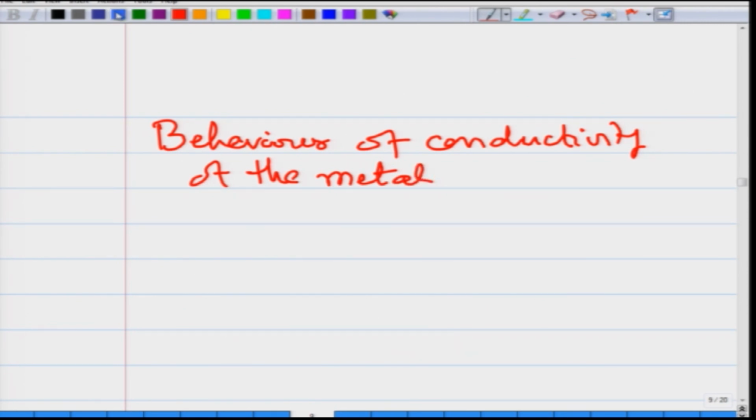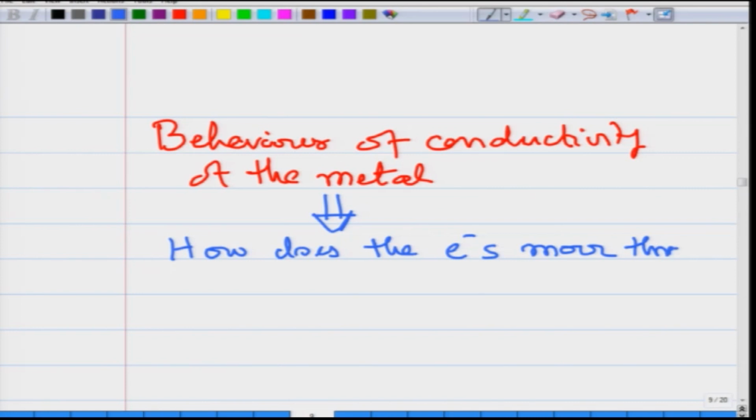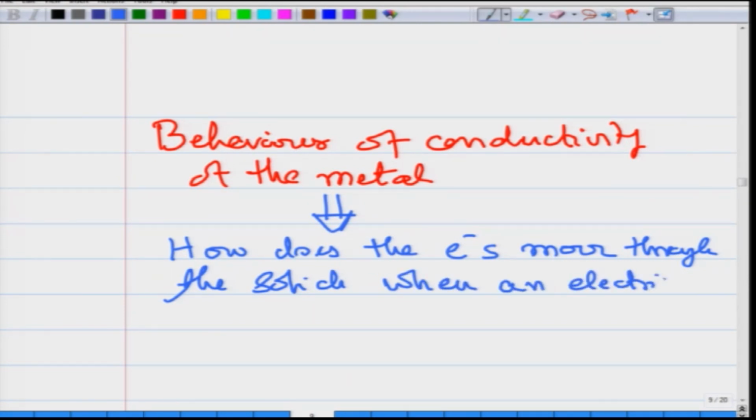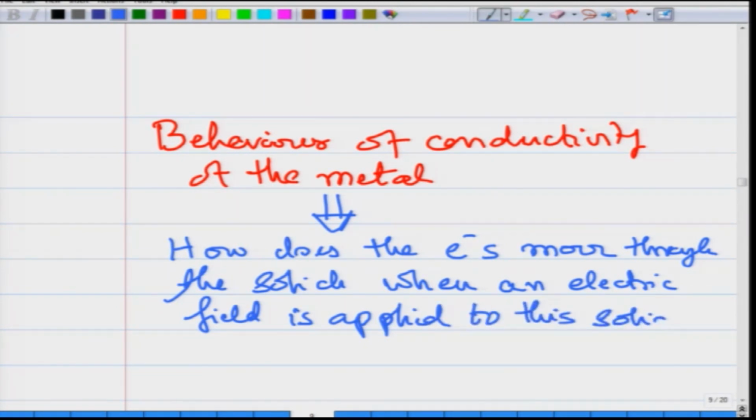Namely, what they wanted to know was how do the electrons move through the solid when an electric field is applied to this solid or a metal.